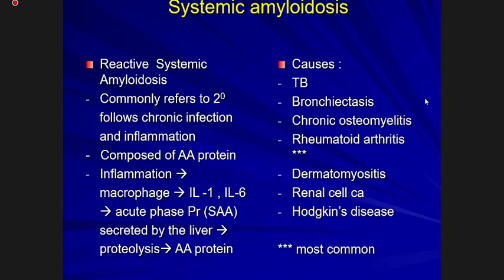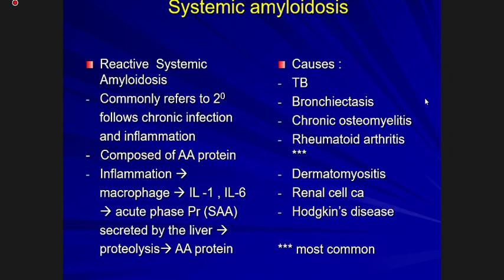In chronic inflammation, when there's a lot of accumulation of this SAA protein, it will aggregate and form amyloids. Not all infections can give you this amyloidosis. Previously it was associated more with TB, bronchiectasis, chronic osteomyelitis, and chronic diseases such as rheumatoid arthritis.